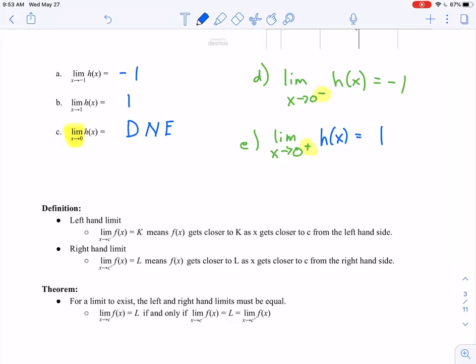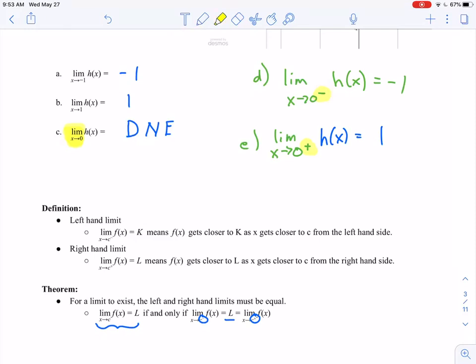So the math jargony way of talking about this says the two-sided limit, the limit as x approaches c of f of x, is equal to L if and only if the limit from the left-hand side of c of f of x is equal to L, and so is the limit from the right-hand side. So if the two one-sided limits are equal, then I know exactly what the two-sided limit is. It has that same value. But if they're different, I know that, excuse me, the two-sided limit does not exist.